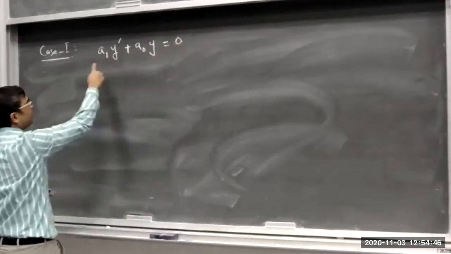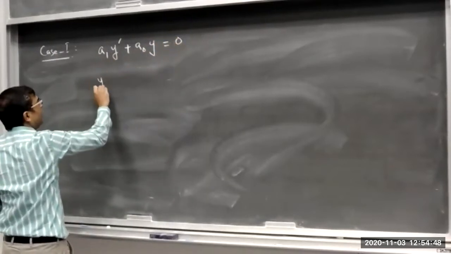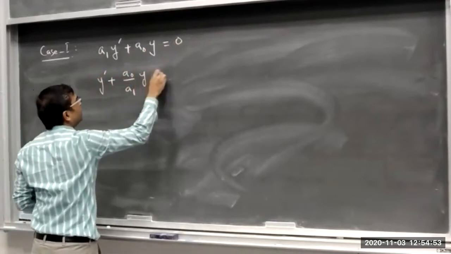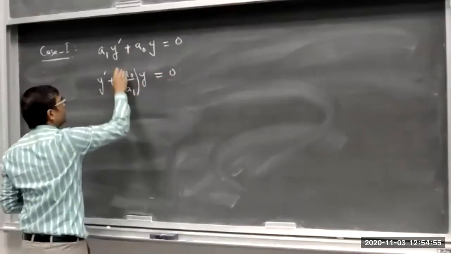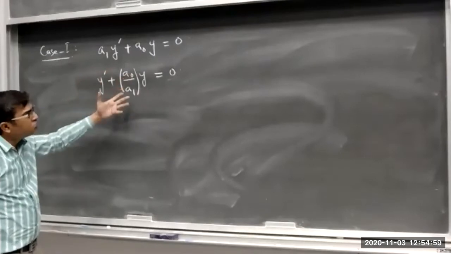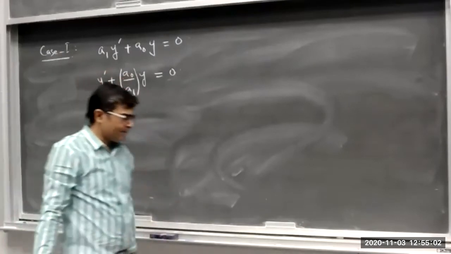Now this is a first order linear ODE. We can write y dash plus a naught by a1 times y is equal to 0. Now this is a first order linear homogeneous ODE.